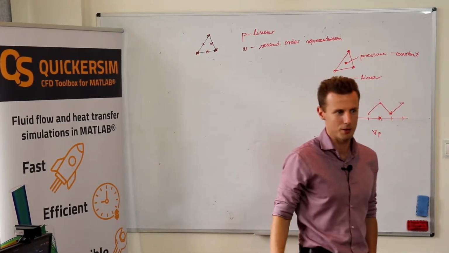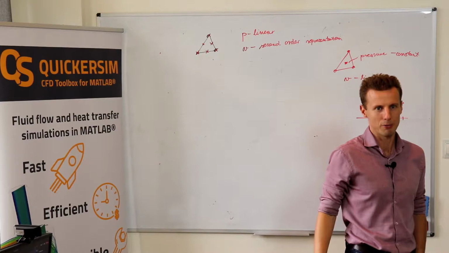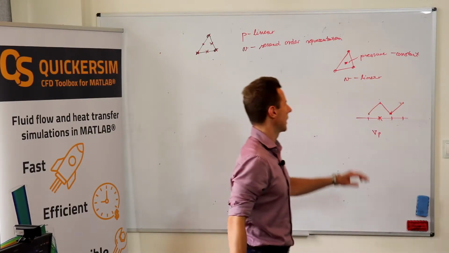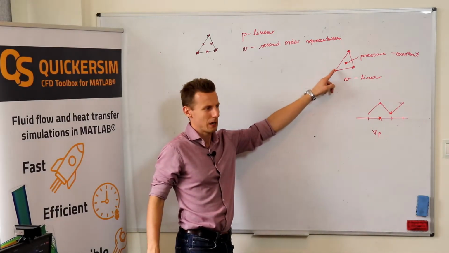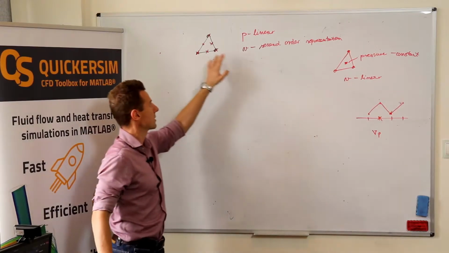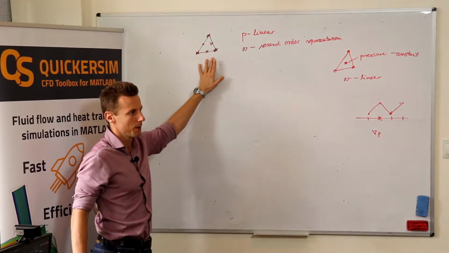And to be honest, you don't want to have simulations with pressure that is constant across the whole element. So I think this one works, but it's really not used often. This one is very, very popular.